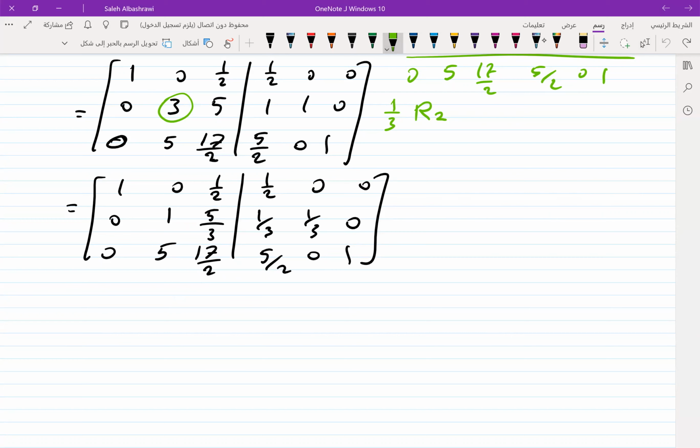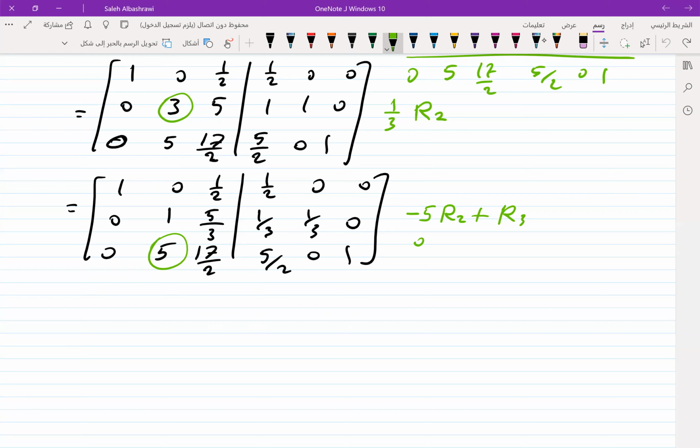So I need to make this now equal to 0. So multiply R2 by minus 5 and add it to R3. Minus 5 R2 plus R3.